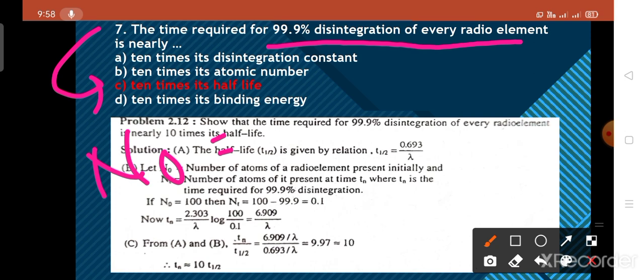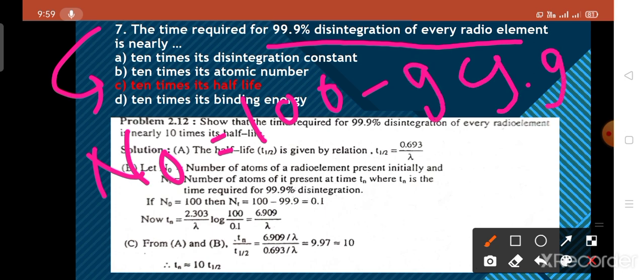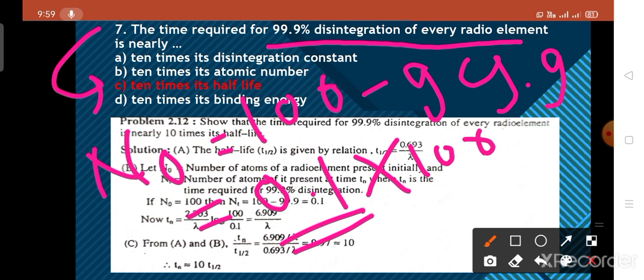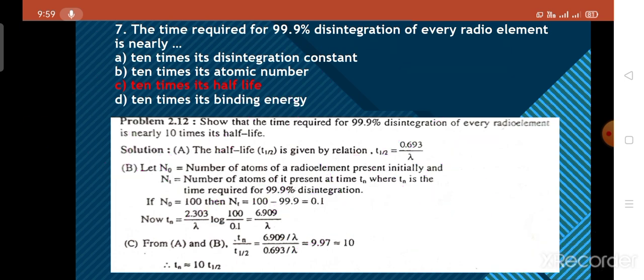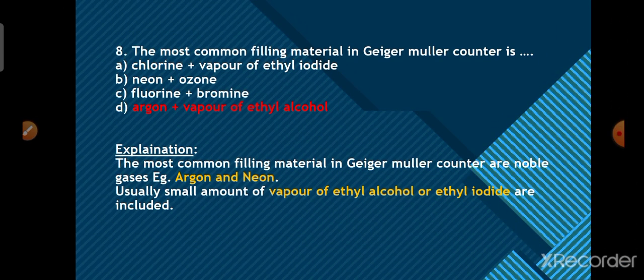The 99 value is given in the form of a percentage, so we can subtract it from 100. 100 minus 99.9% is equal to 0.1, and hence by multiplying it by 100 we get 10. So 10 times its half-life is the time required for the disintegration.